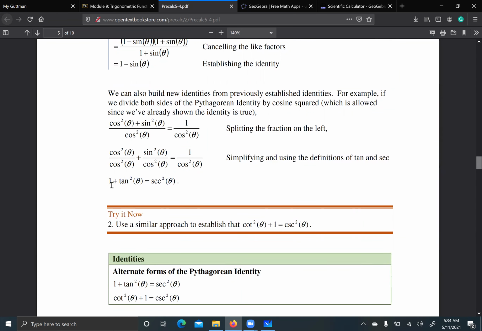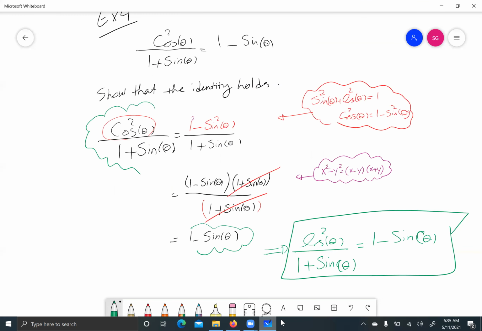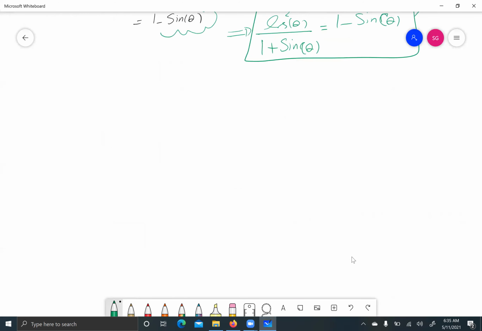What is 1? 1 is cosine square plus sine square. Let's say we divide both sides of the Pythagorean identity by cosine square. Maybe I write the steps.